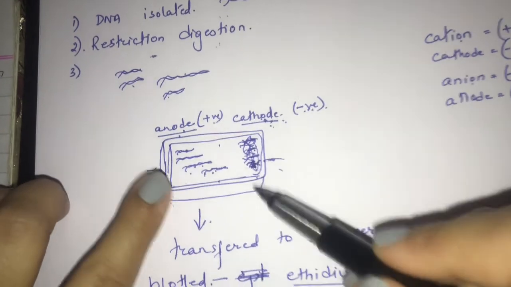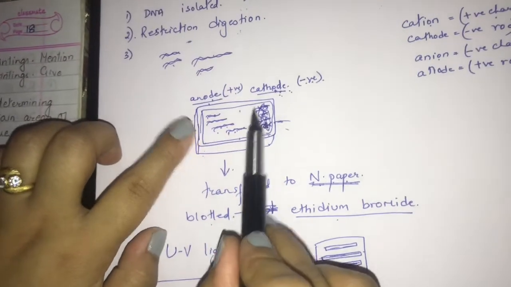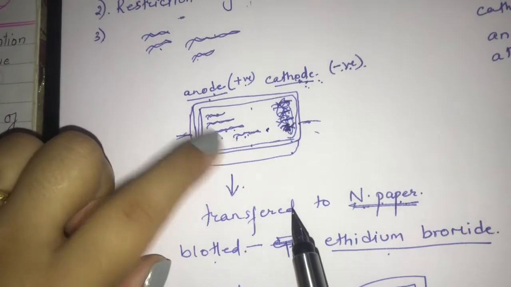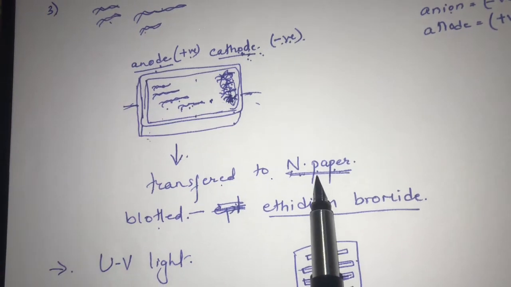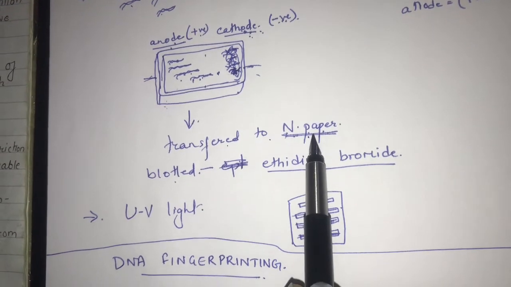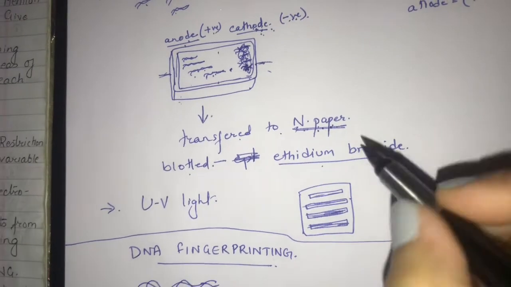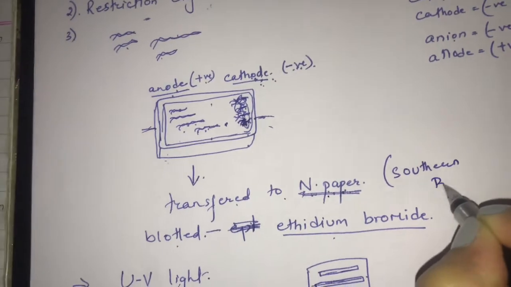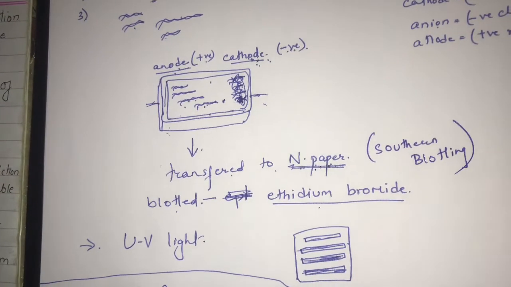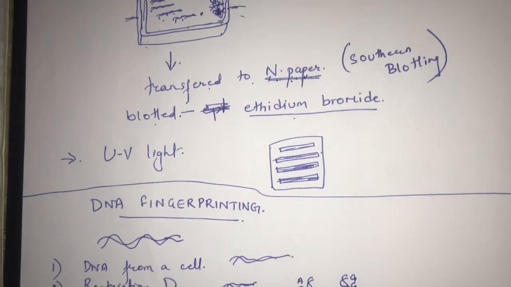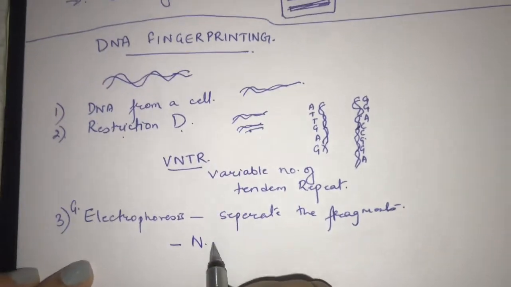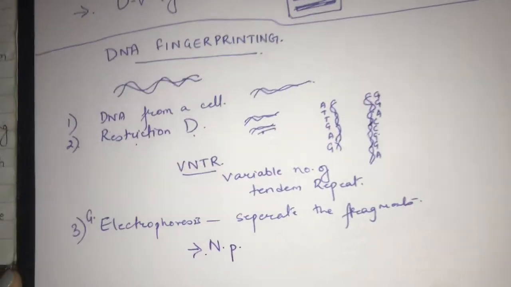In gel electrophoresis, I have told you that from this loading well, from this gel, the separated fragments of DNA are transferred to nitrocellulose paper, and this process is called Southern blotting.